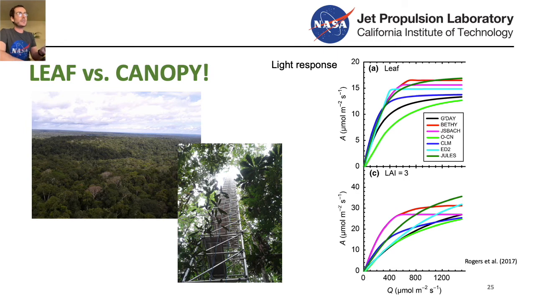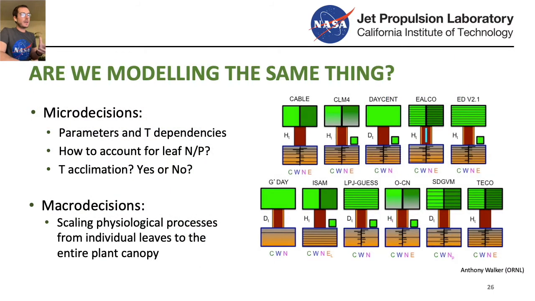For a leaf here on top, and for a canopy of LAI equals 3 at the bottom. And we see that although all these models here use the Farquhar model, they are all representing different values for net CO2 assimilation, not only for a leaf, but for the canopy. And why is that? How do we see that?